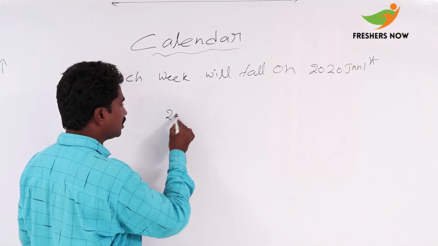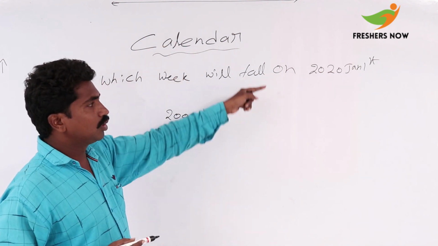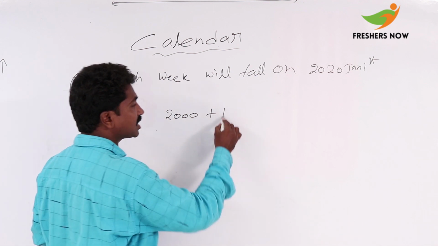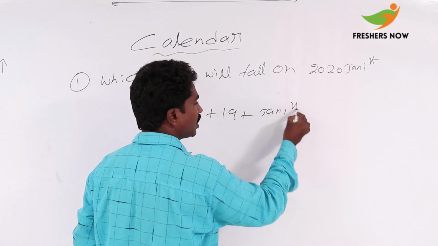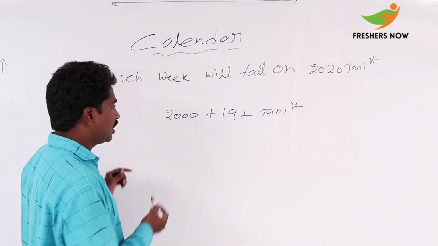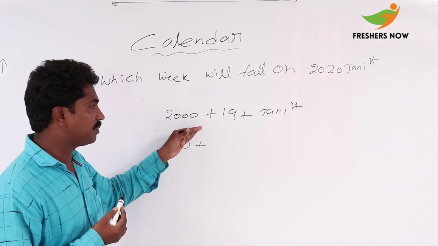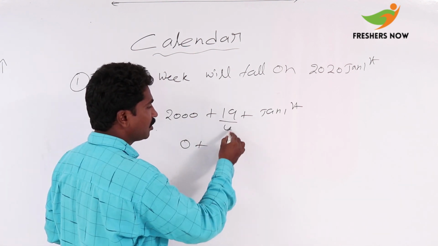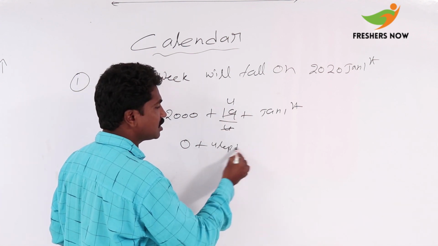So I have written 2000 plus how many years completed. Here 2020 January 1st is asked, 2020 is running. So 19 years completed, and then 2020 January 1st, first month, first day. Here for the leap century 0 odd days, and 19 years are there. To find how many leap years and non-leap years, I am dividing by 4. 4 4s are 16, so 4 leap years.